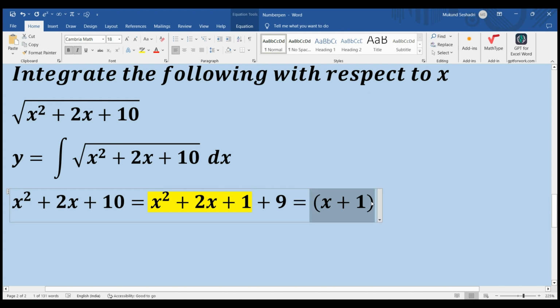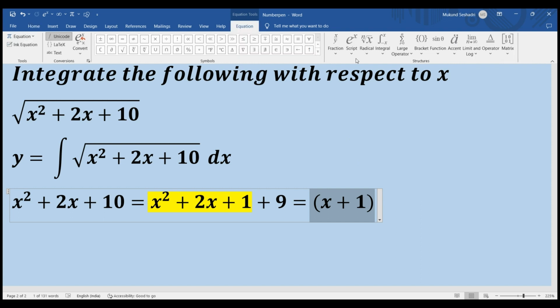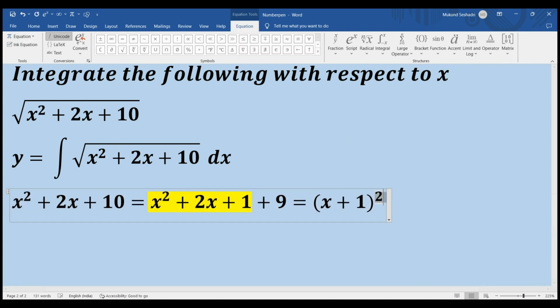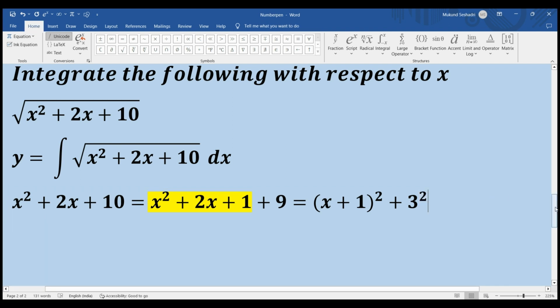The quadratic expression x squared plus 2x plus 10 can be rewritten as x plus 1 the whole square plus my 9, which is a 3 square, right? So that's the quadratic expression written in the format x plus a the whole square plus b square. My a and b are constants, right?